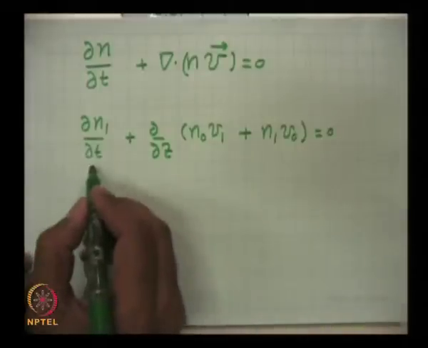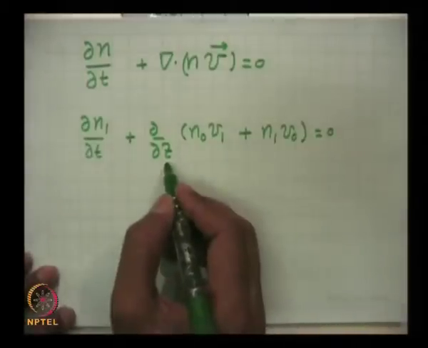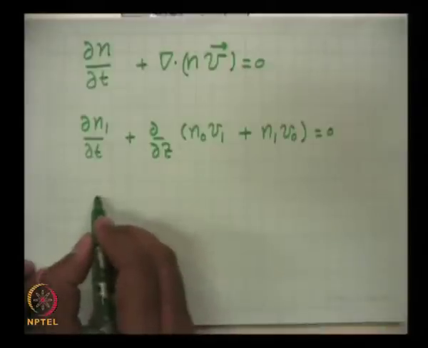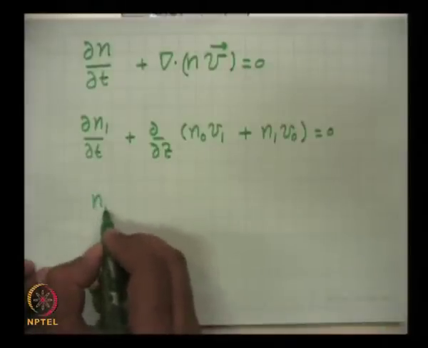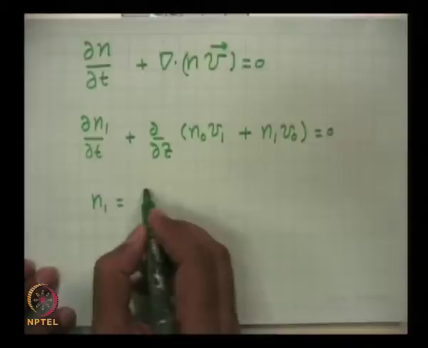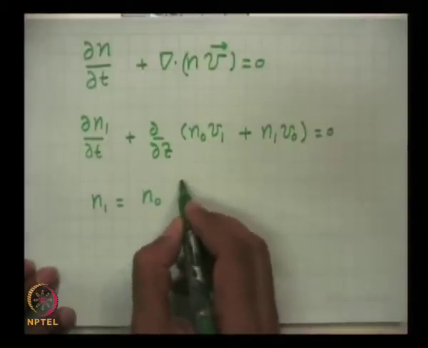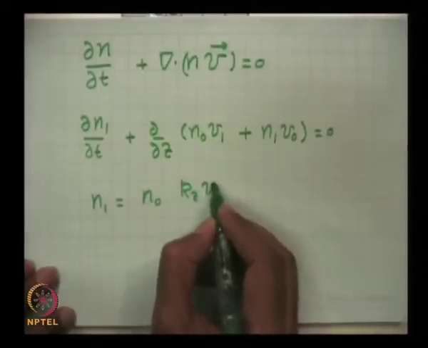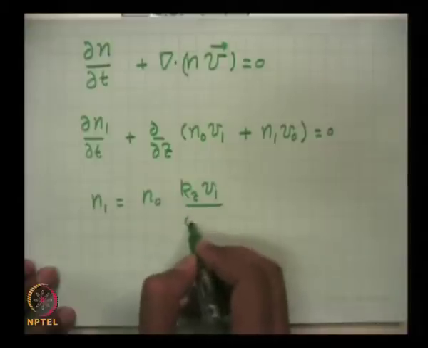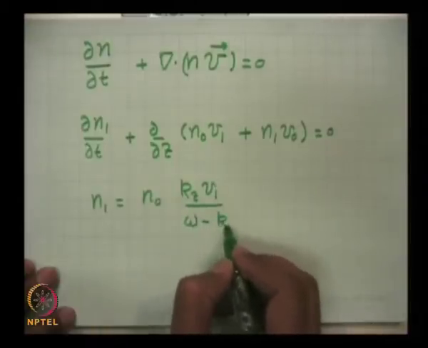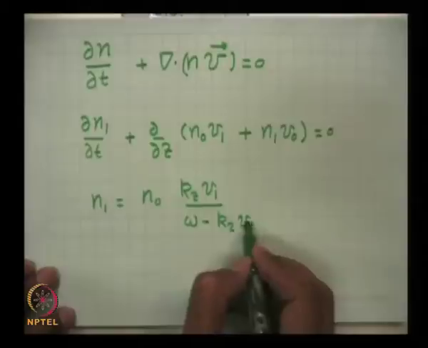Now replace this by minus I omega, delta delta z by ik, and you will get n1 equal to n0 kz v1 upon omega minus kz v0.